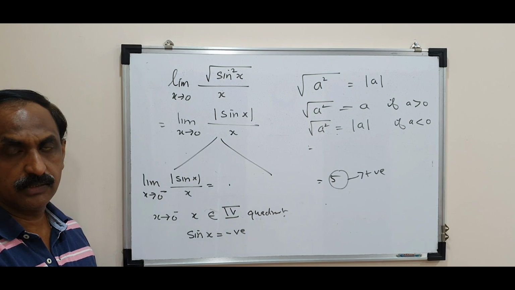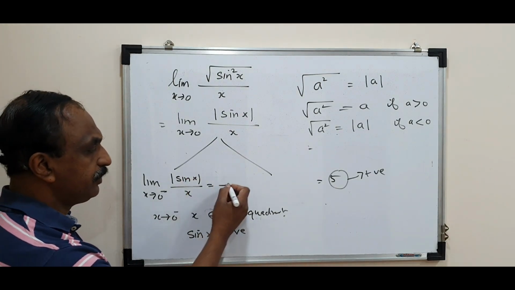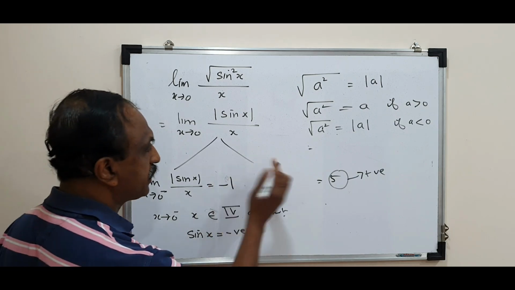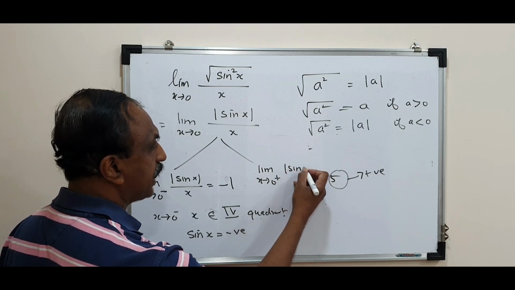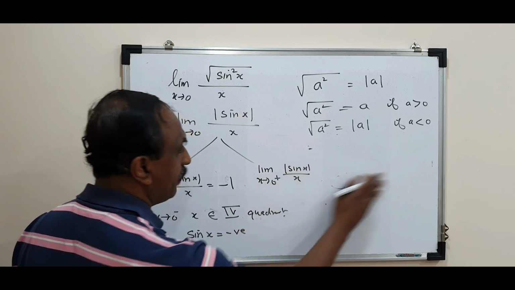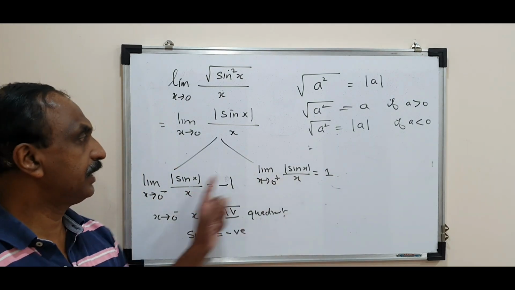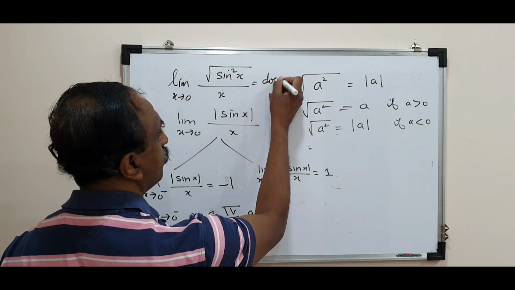Modulus of sine x is positive, but x is negative, so you will get a negative answer, minus 1. When it is limit x tending to 0 plus, both of them are positive, so plus 1 will be your answer. So the left hand limit and right hand limit are not equal, so the limit does not exist.